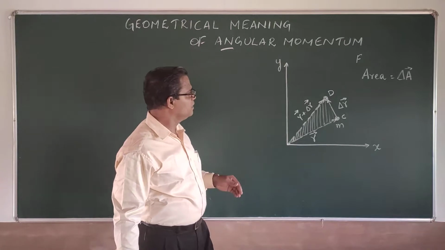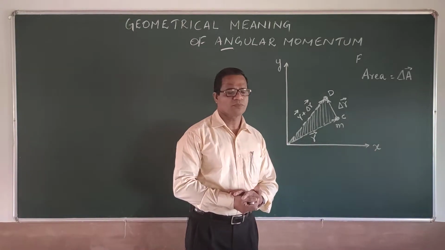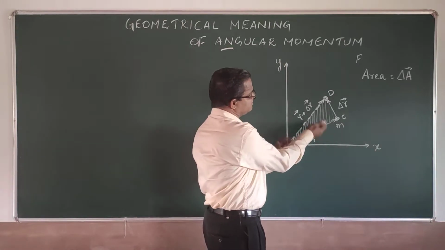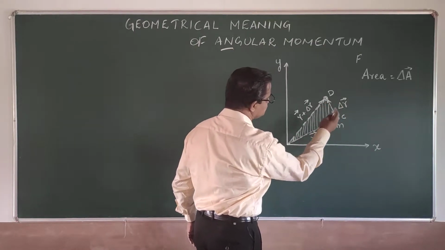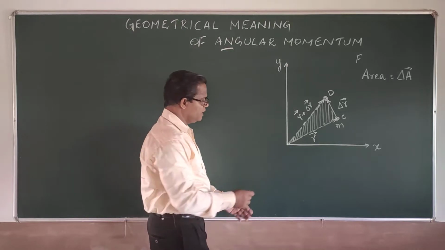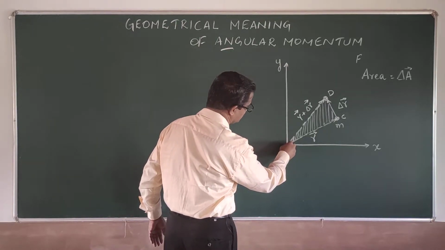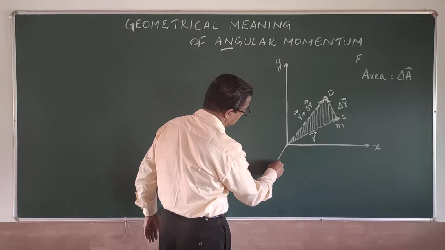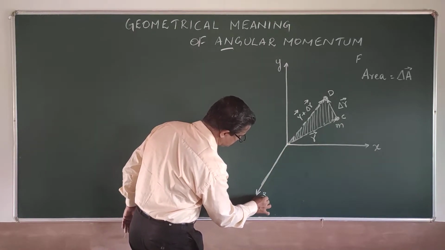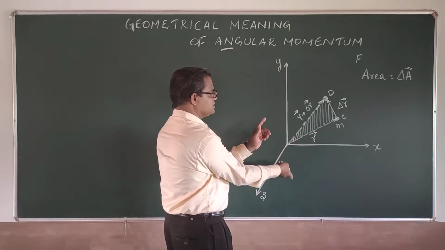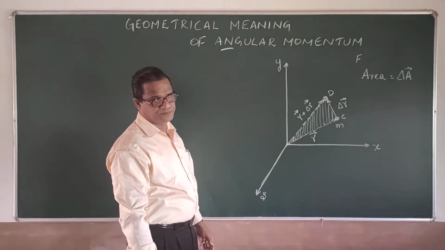As the body describes this area, the position vector sweeps it with respect to a direction that is the z axis. So with respect to this z axis, the body is now rotating.